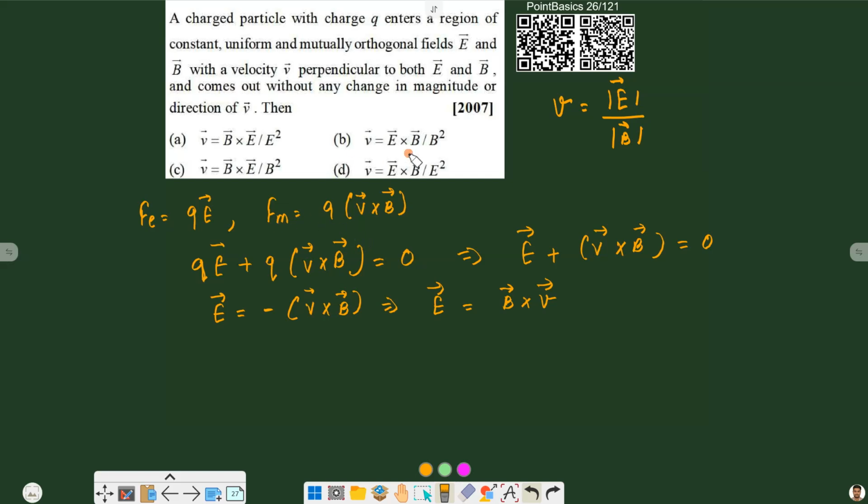So this is the basic relation which we can form using these two. But as we can see in the options, we have to find the relation for the velocity, not for the electric field.